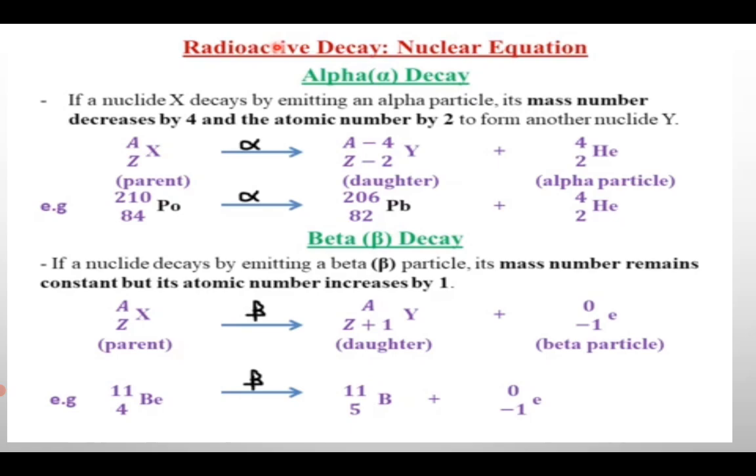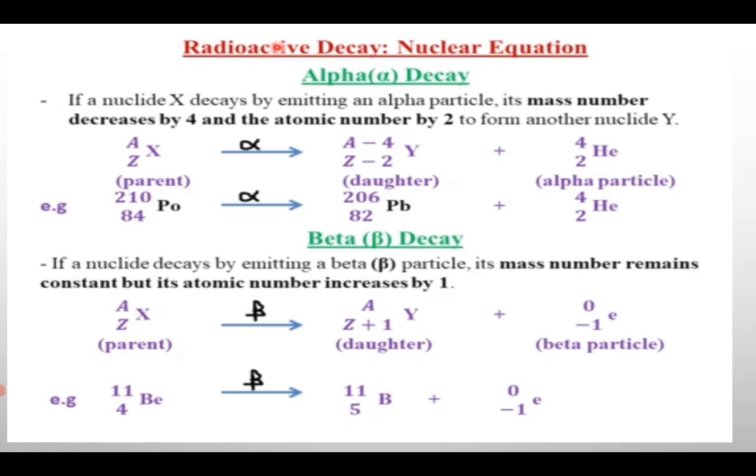A daughter, a girl, eh? Alright, daughter element. So the original element, which undergoes radioactive decay, is called parent. Alright, and the new element thus formed is called daughter.